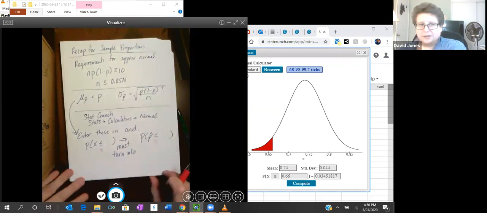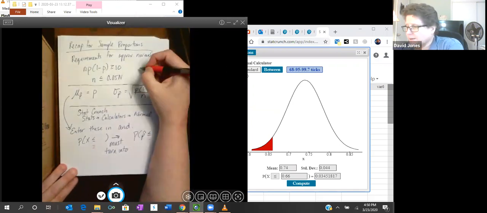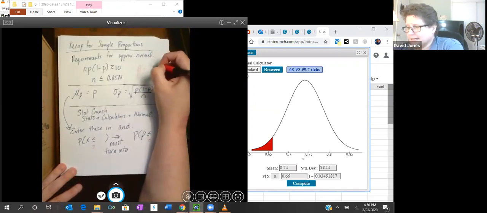And the way we convert it to p hat is x over n.